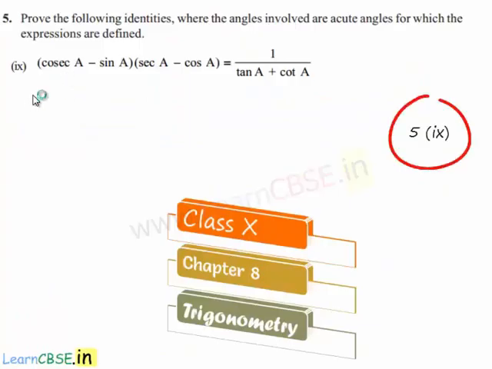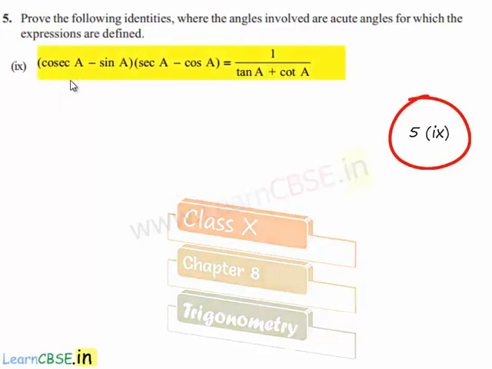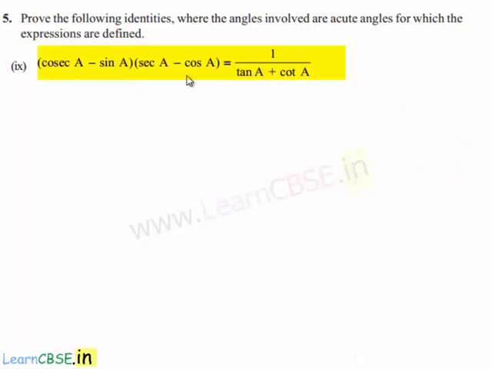Now moving on to the 9th bit of 5th problem, he has asked us to prove that (cosecant A minus sin A) into (secant A minus cos A) is equal to 1 by (tan A plus cot A).